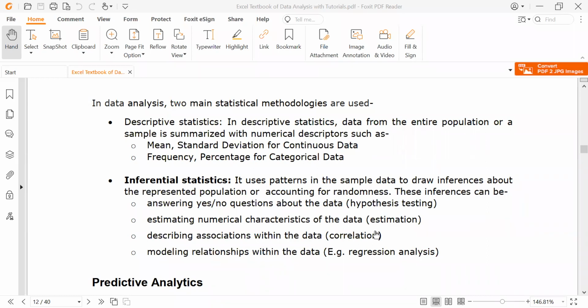And at the end of the day, you compare to see if there's a relationship with sex, like male, female, or age group. Maybe the younger people are more into this particular substance than the older people. You want to find out some relationship.